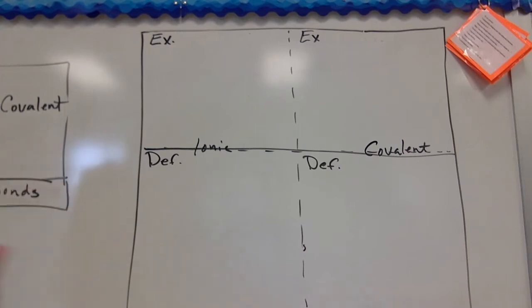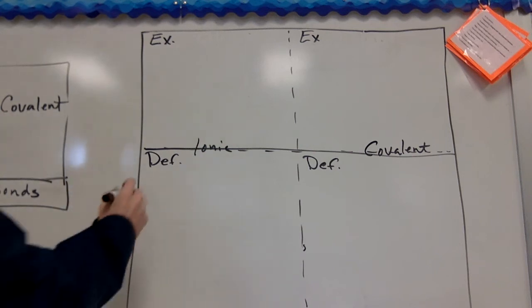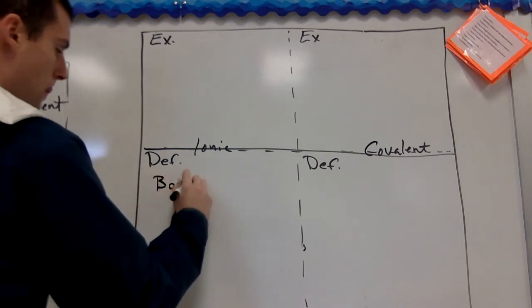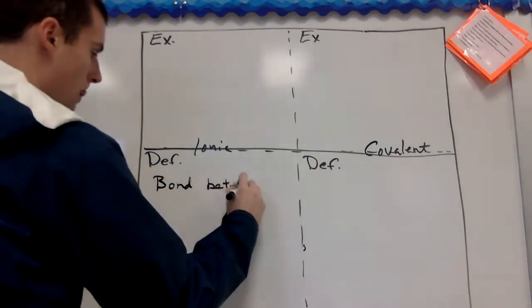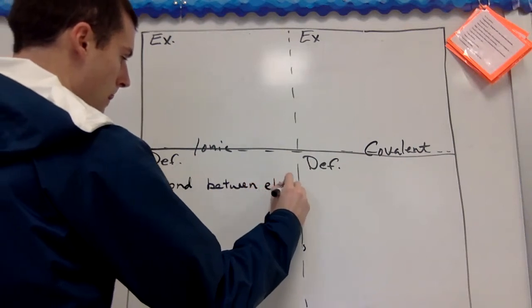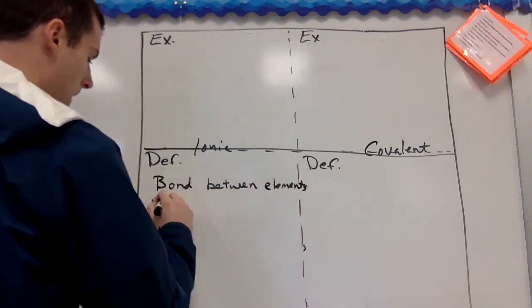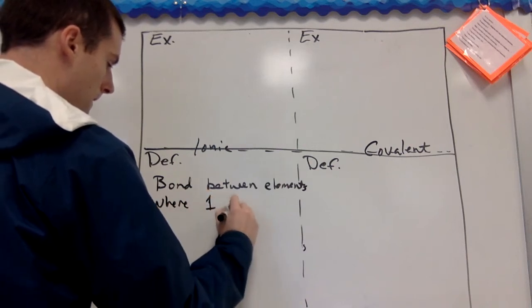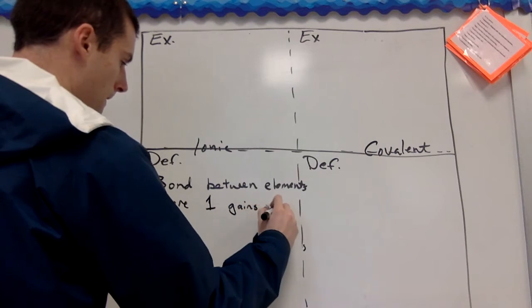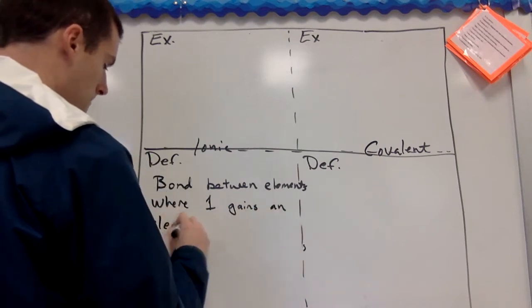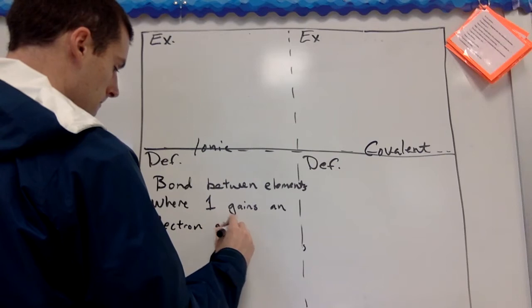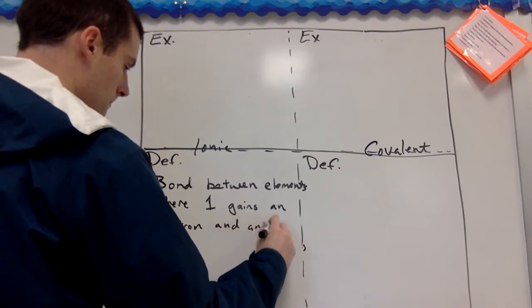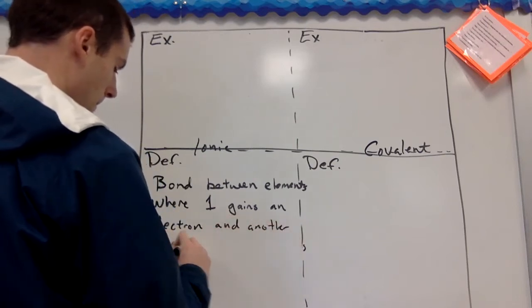This is a bond between elements where one element loses an electron and another one gains. All right.